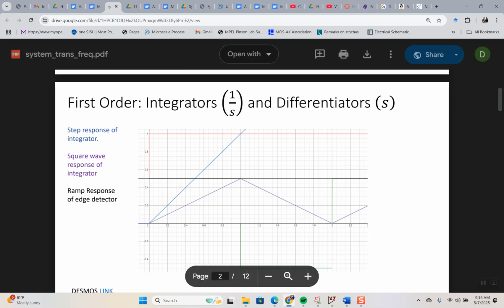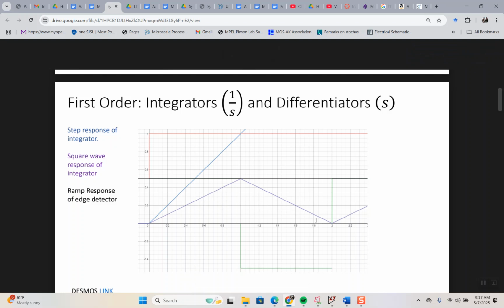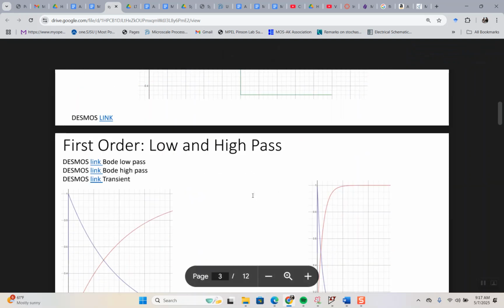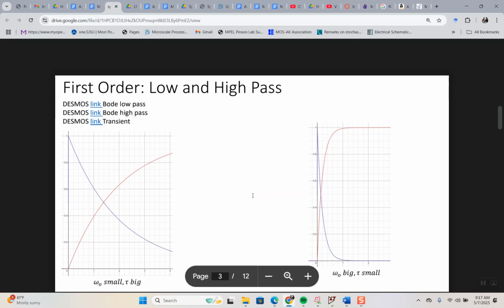The differentiator is not really coming out, because if I differentiate a step function, I get a delta function, right? So if I differentiate this triangle, I should get a positive slope and a negative slope. Differentiators are noisy, so they're not used much.